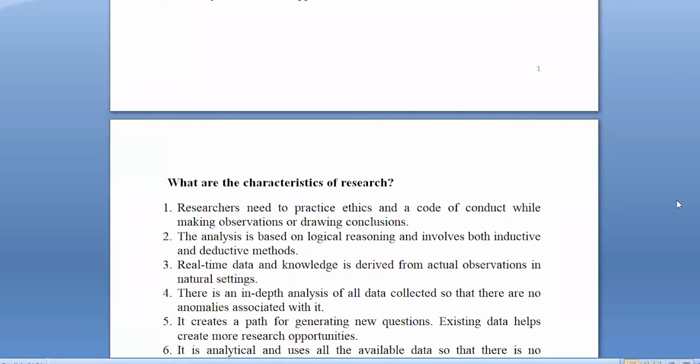There is an analysis of all data collected so that there are no anomalies associated with it. It creates a path for generating new questions. Existing data helps create more research opportunities.